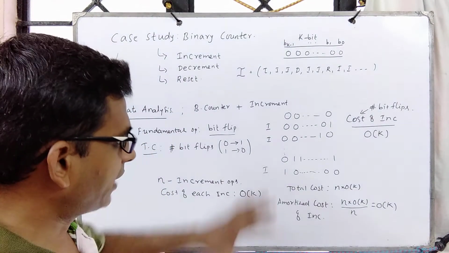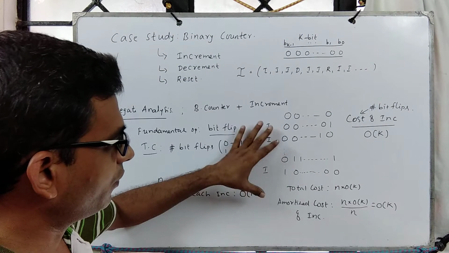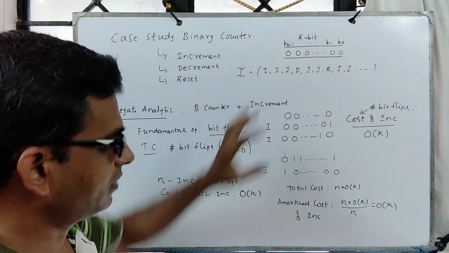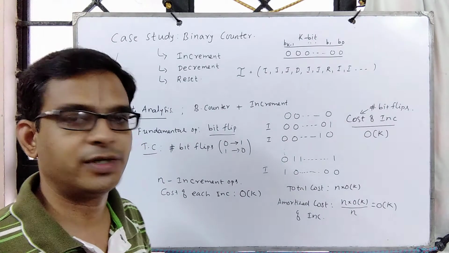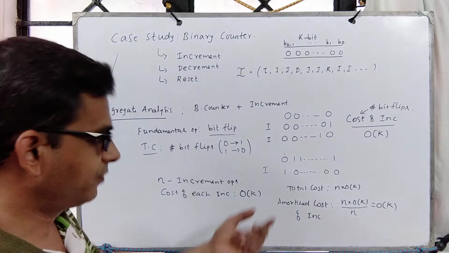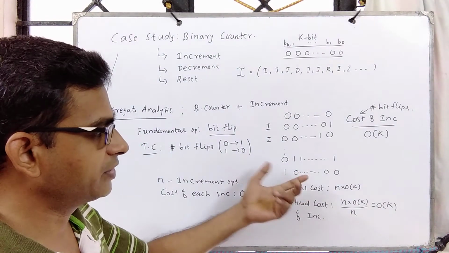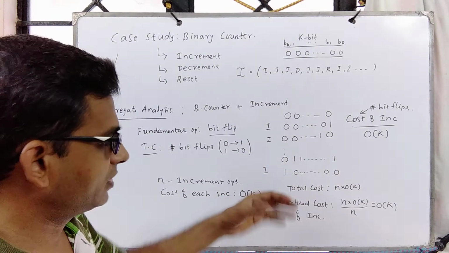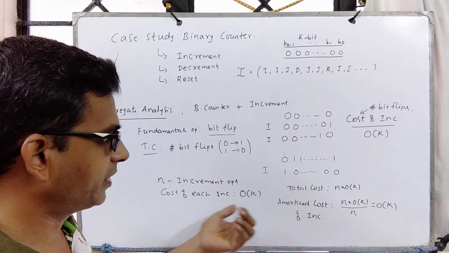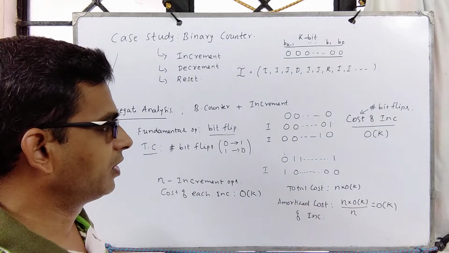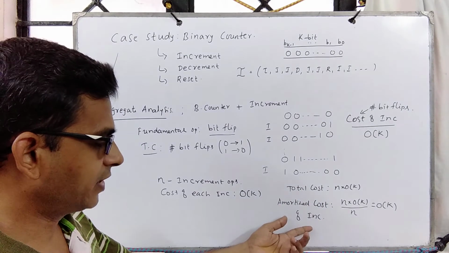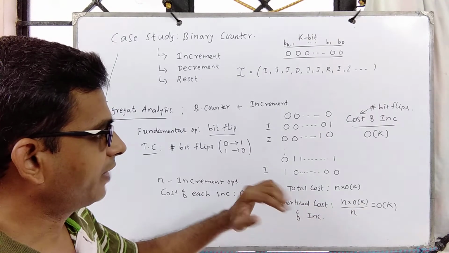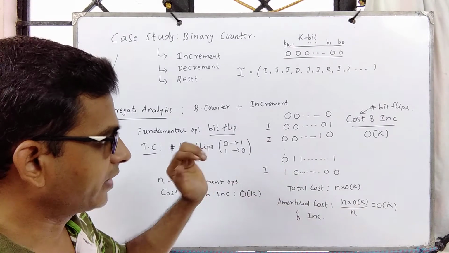But if you look at this flow, you see that there are configurations where we just need a constant number of bit flips. Of course, there are cases where we need a function of k. Now, instead of doing this loose analysis, saying the cost of each increment is order k and subsequently amortizing, we conclude the amortized cost of increment is order k, can we do a micro level analysis?